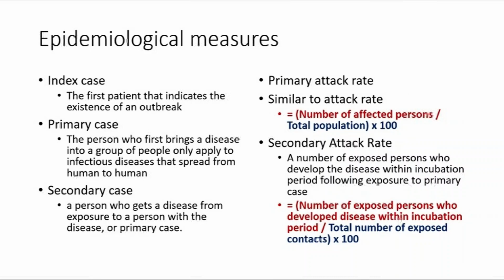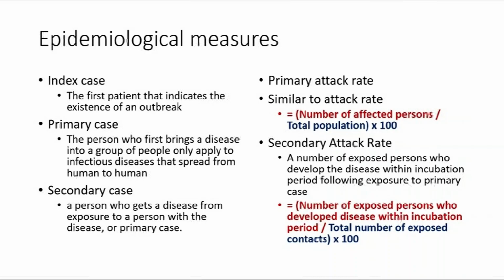Epidemiological measures. We have an index case. The index case is the first person that indicates the existence of an outbreak. So let's say there is a disease jump from animal to human. The first person that indicates the existence of this disease, that's the index case.